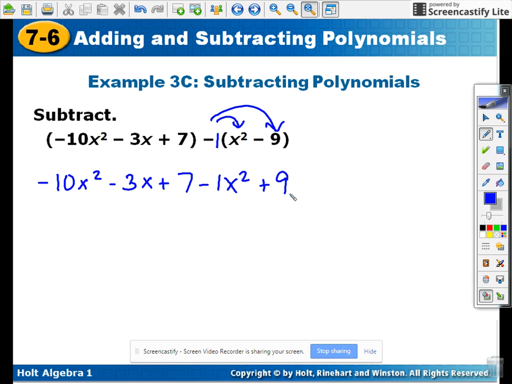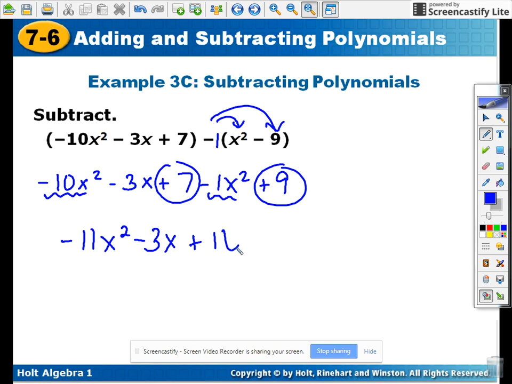Again, we only have x's, so I can write this in standard form. This is definitely the highest exponent. So negative 10x squared minus 1x squared is negative 11x squared. I only have one x term, so that carries down by itself. And I have a plus 7 plus 9, so that is plus 16.